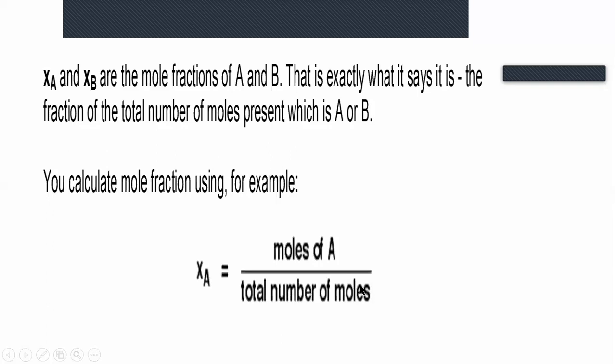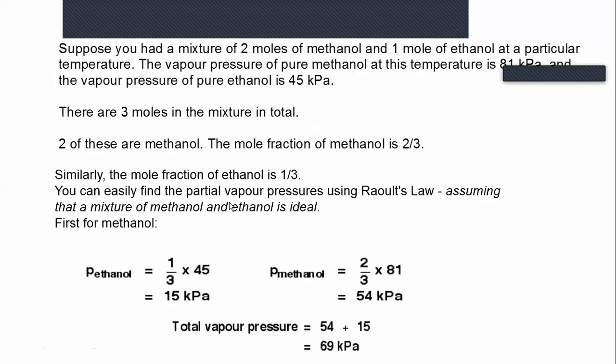So let's look at a real example. Suppose you had a mixture of 2 moles of methanol and 1 mole of ethanol at a particular temperature. The vapor pressure of pure methanol at this temperature is 81 kPa, and the vapor pressure of pure ethanol is 45 kPa.